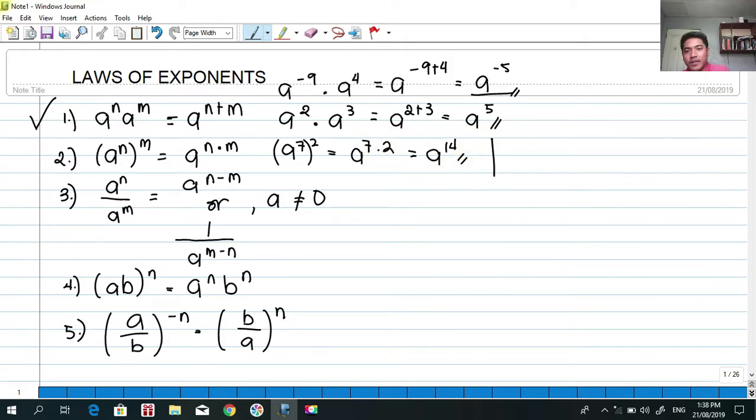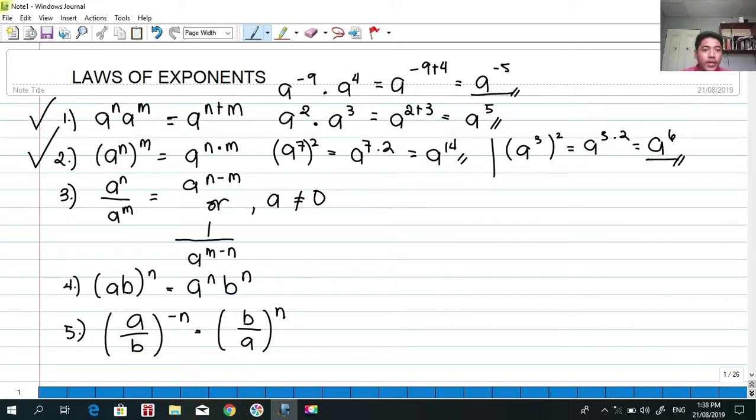Another example is a cubed, squared. We can simplify that as a raised to 3 times 2, which is a raised to 6. So that's our second law of exponents.